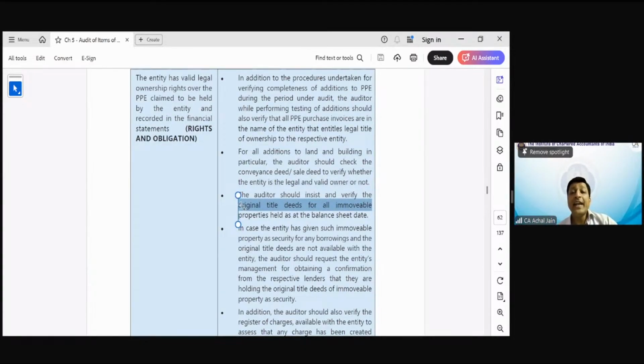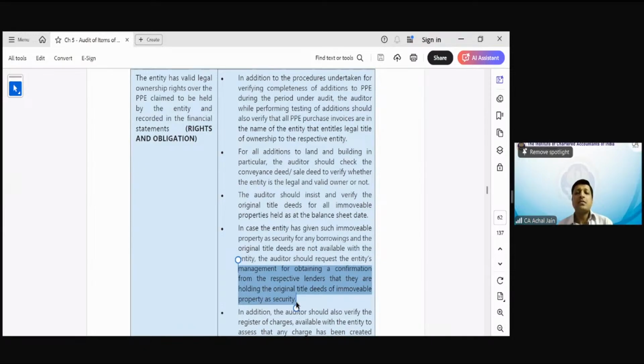In case the entity has given such immovable property as security for any borrowings, and the original title deeds are not available with the entity, the auditor should request the entity's management for obtaining confirmation from the third party who is holding that title deed. Sometimes it may happen that the title deeds are not available. Why? Because these are given to the bank.